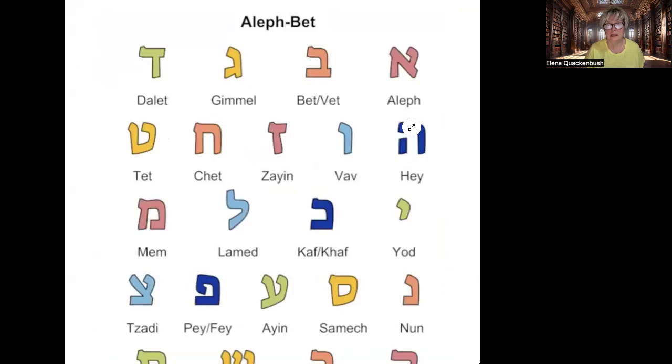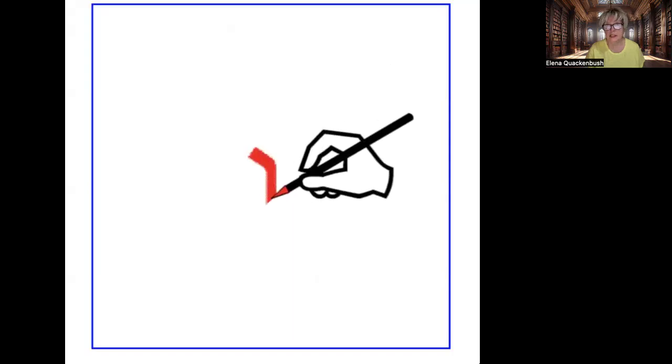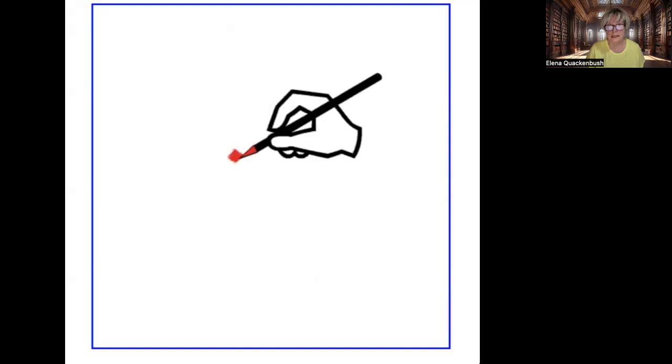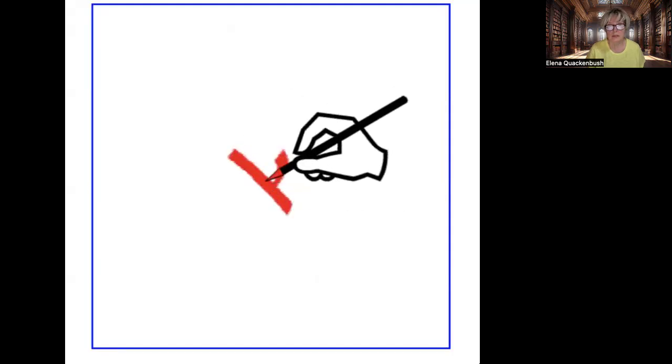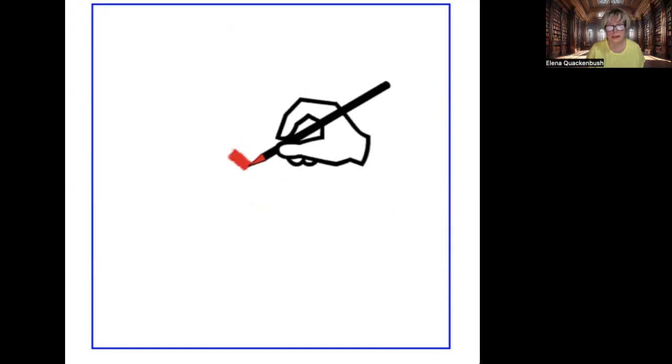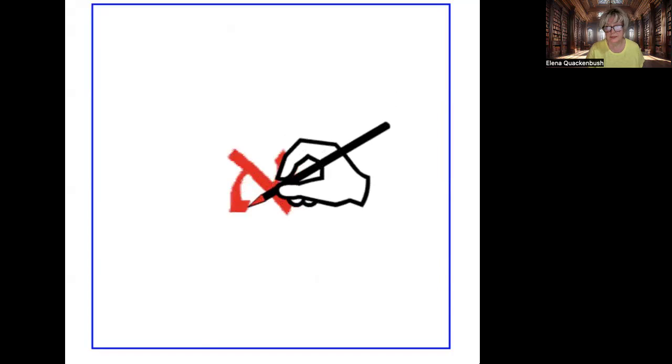Let's take a look at the letters again and pronounce them. Aleph, Beit, Vet, Gimel, Dalet, Hey, Vav. Let's see if you recognize these letters in written form. What is this letter? Yeah, that's right, it is Aleph.